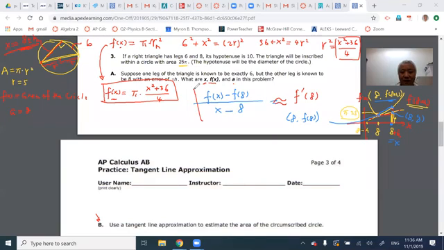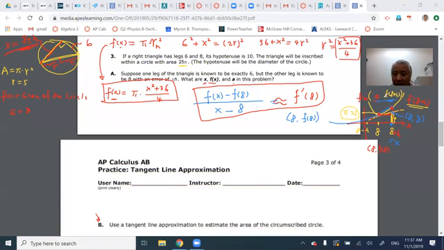This is the main idea about the linear approximation. One more time. You have this point, which is 8 and f(8), and this point here is x, meaning 8 plus h or minus h.